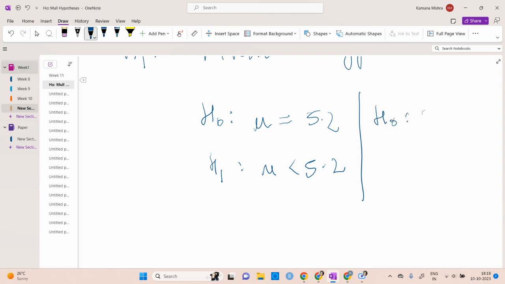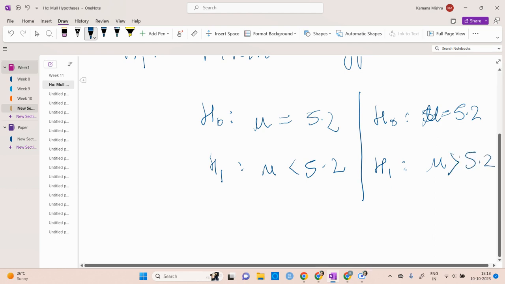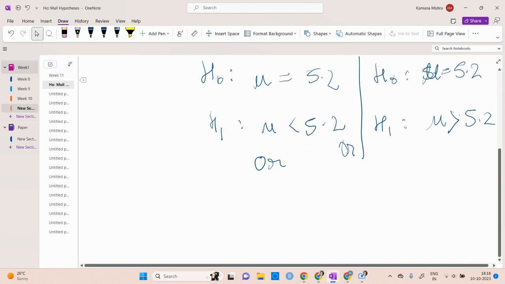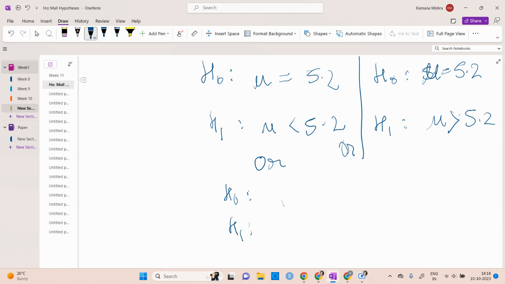If you have H naught: mu is equal to 5.2, your alternate hypothesis H1 can be mu greater than 5.2, or mu less than 5.2, or mu not equal to 5.2. Okay. So now there are three alternate hypotheses.